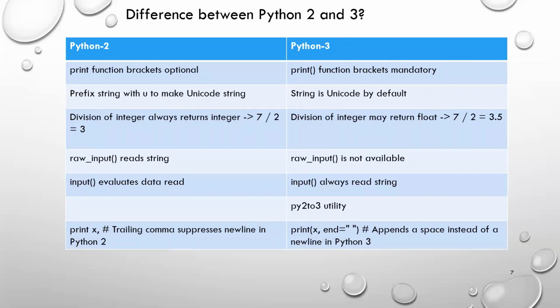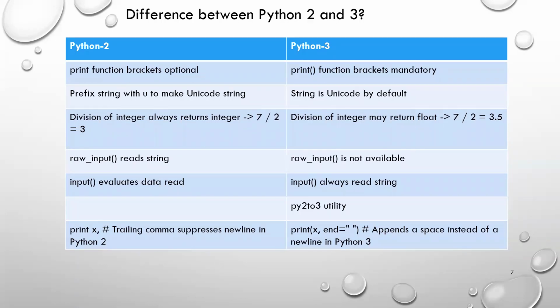So mistakenly, if you started working with Python 2 and you actually work on Python 3, there are some fundamental changes. One of the changes is the print function. In Python 2, the brackets are optional, but in Python 3, they are mandatory. And in Python 2, to make a string Unicode, you have to use u, but in Python 3, it's Unicode by default.